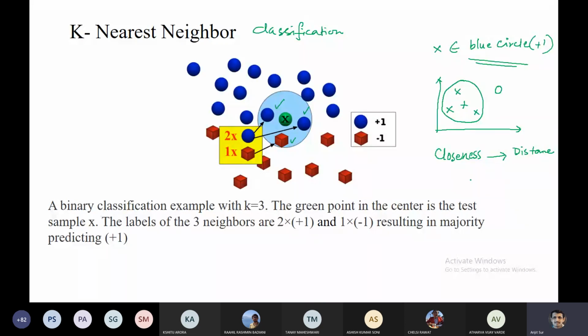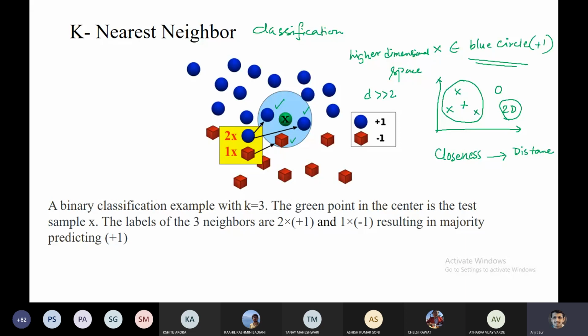This is for your understanding, a two-dimensional space. It may not always be two-dimensional. In most cases, this is a higher dimensional space, where d is greater than 2.